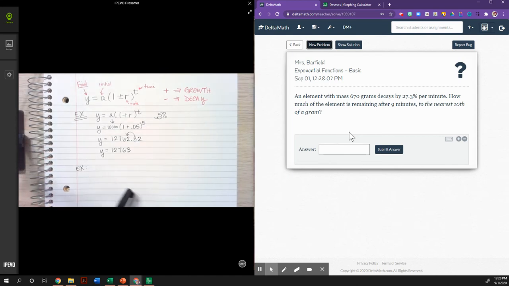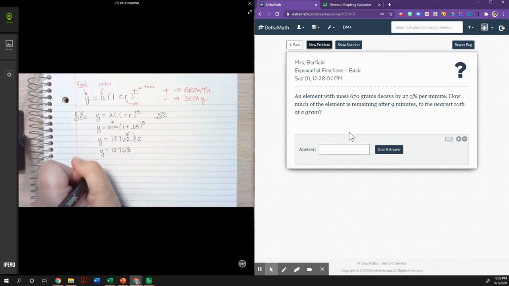An element with a mass of 670 grams decays by 27.3% per minute. How much of the gram is remaining after 9 minutes, rounded to the nearest tenth of a gram?